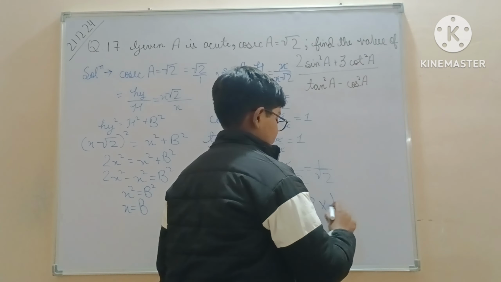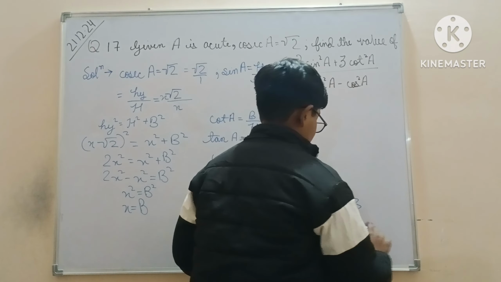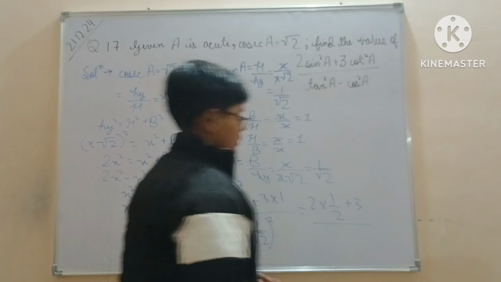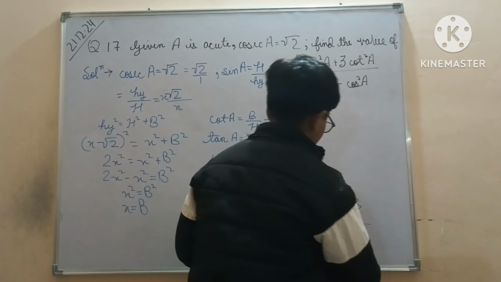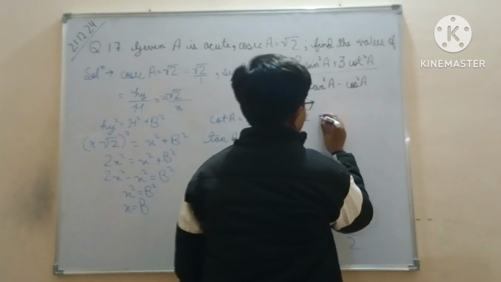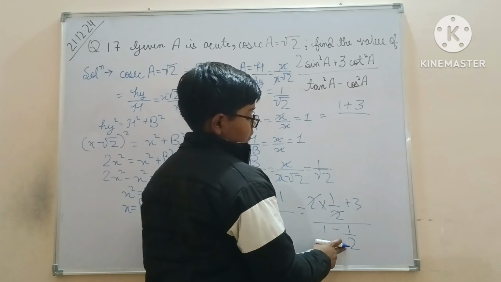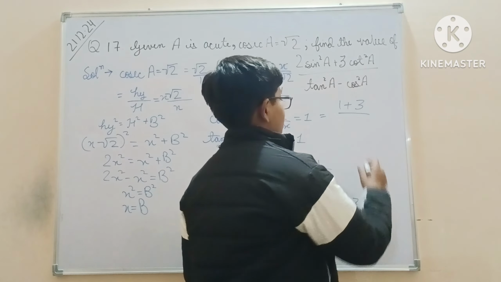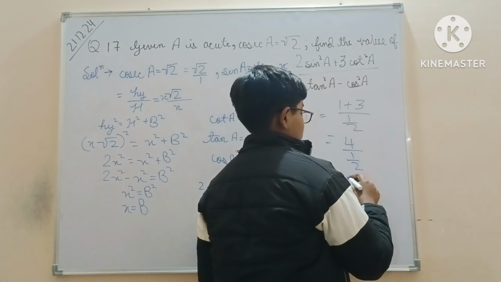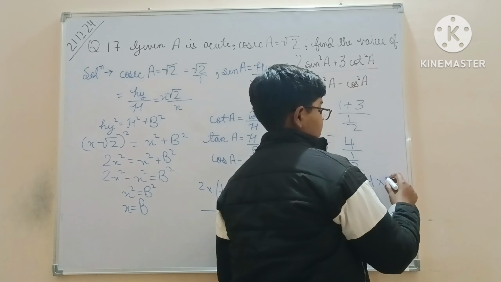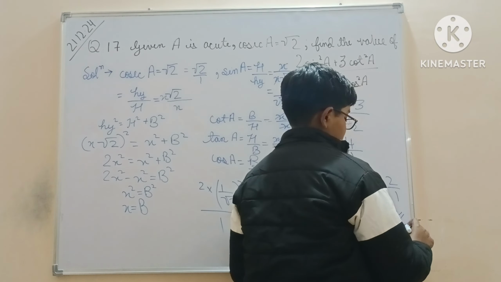Now 2 multiplied by 1 divided by 2 plus 3, divided by 1 minus 1 divided by 2. So 2 will be cancelled by 2, and it will become 1 plus 3 divided by 1 minus half. 1 minus half will become half, so it will become 4 divided by 1 divided by 2, which is 4 multiplied by 2 divided by 1. So our answer for this question is 8.